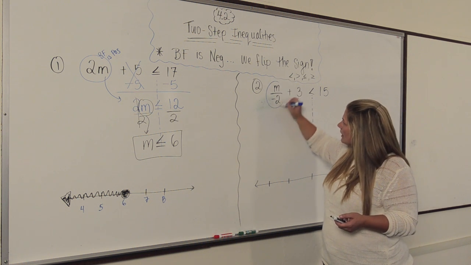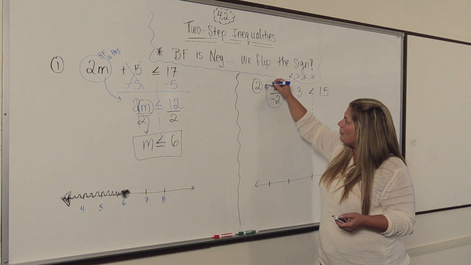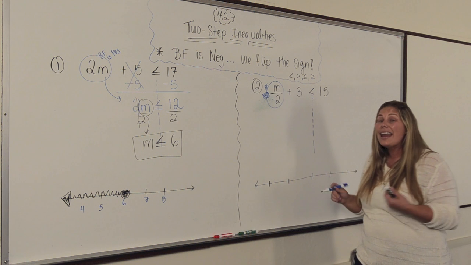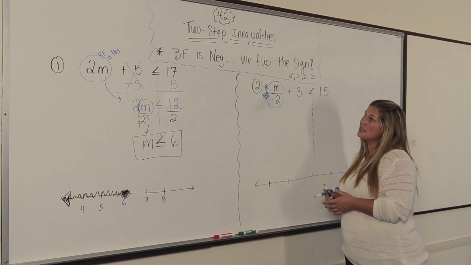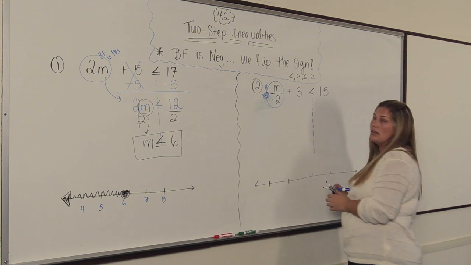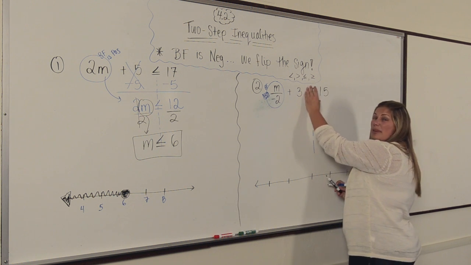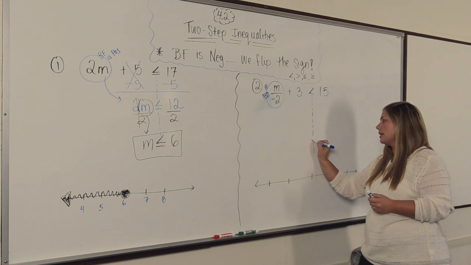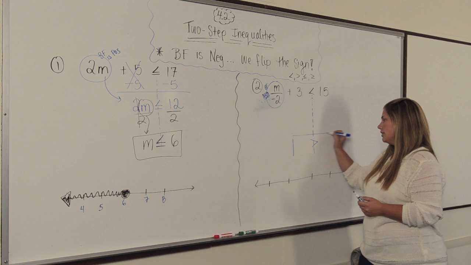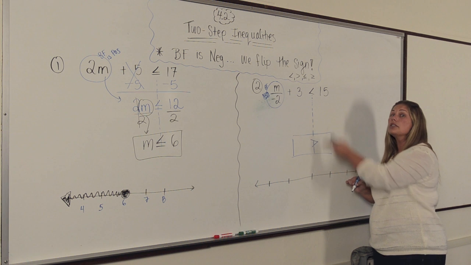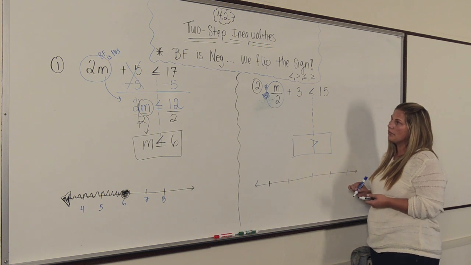The best friend is negative 2. What happens with inequalities when that best friend is negative? Well, we have to flip the inequality sign. So instead of being a less than, my final answer down here is actually going to be greater than. So I'm going to put that in my solution box right now so I don't forget to do it later.